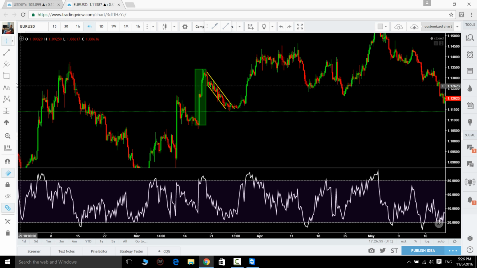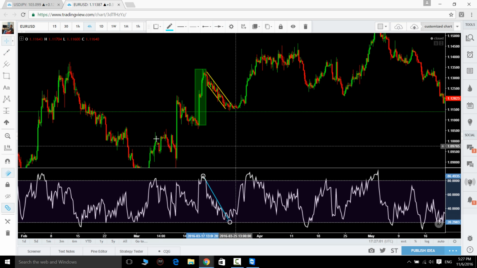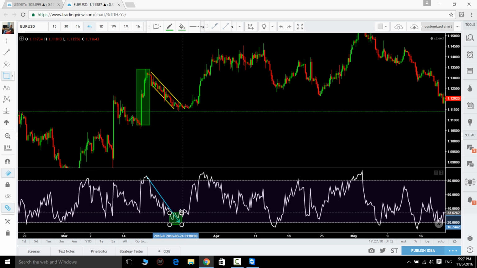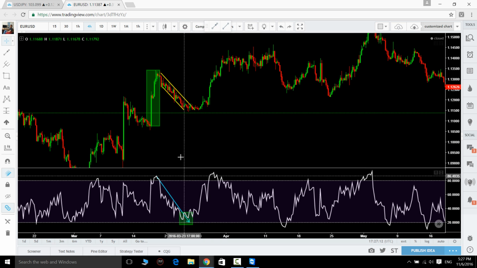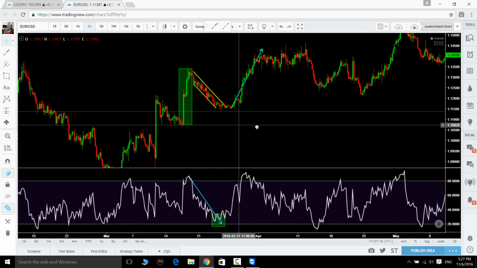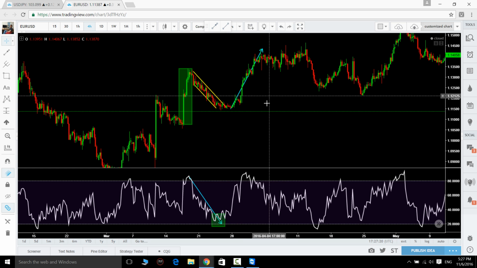At the same time, you can see on the indicator that your RSI is showing an oversold condition. So this pattern is with the indication.